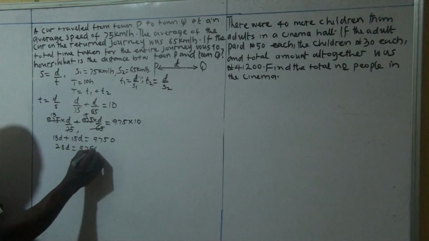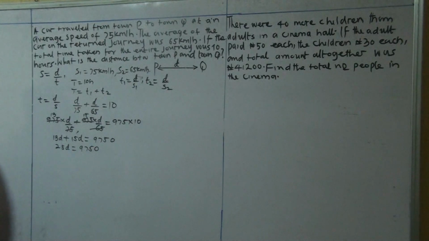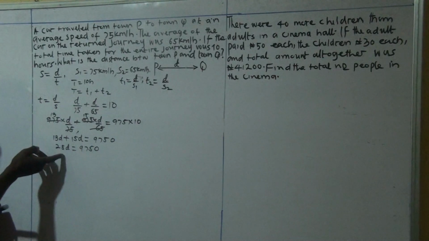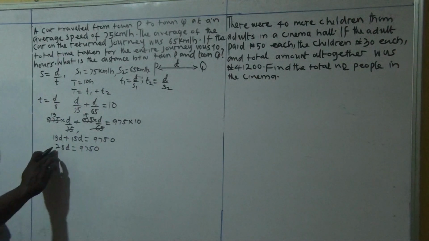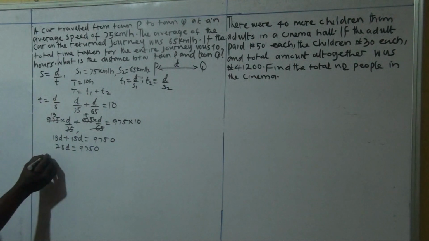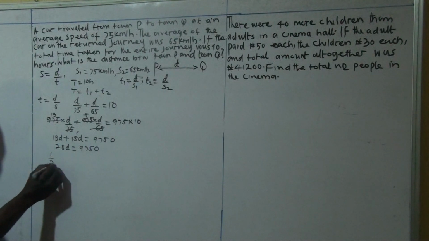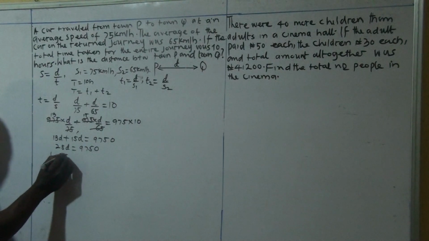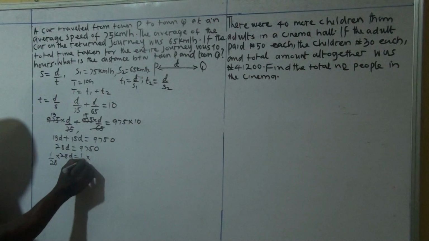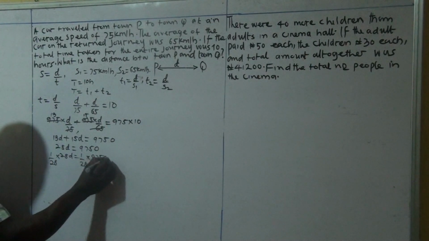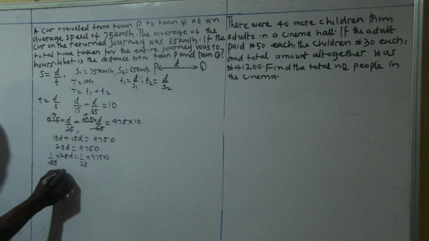So all we need to do, since we are looking for D, is multiply both sides by the multiplicative inverse of 28, that means 1 over 28. 1 over 28 times 28D is equal to 1 over 28 times 9,750. So this will go with this.